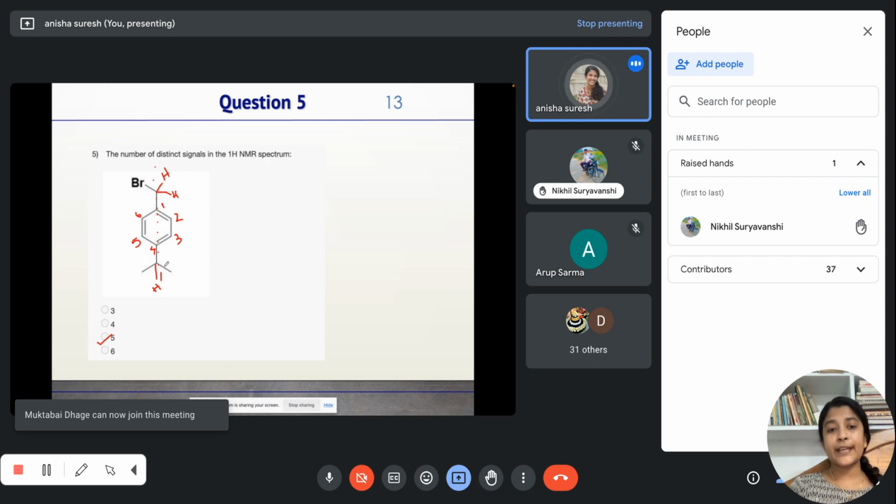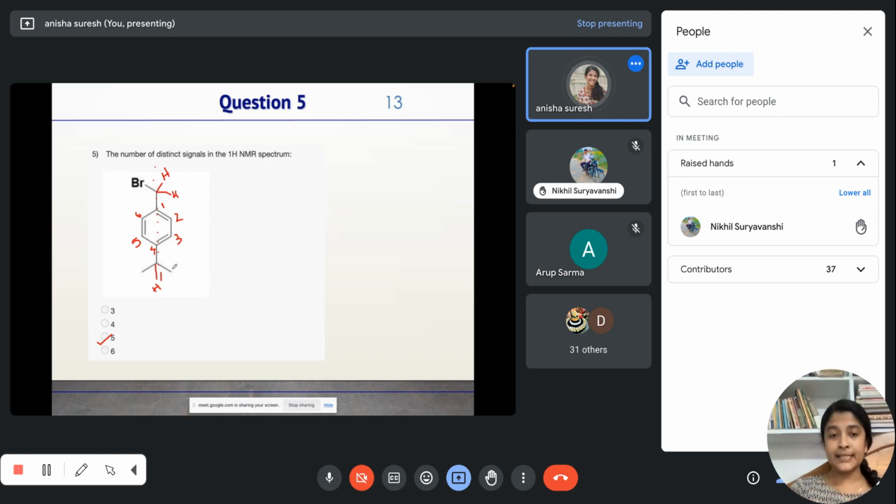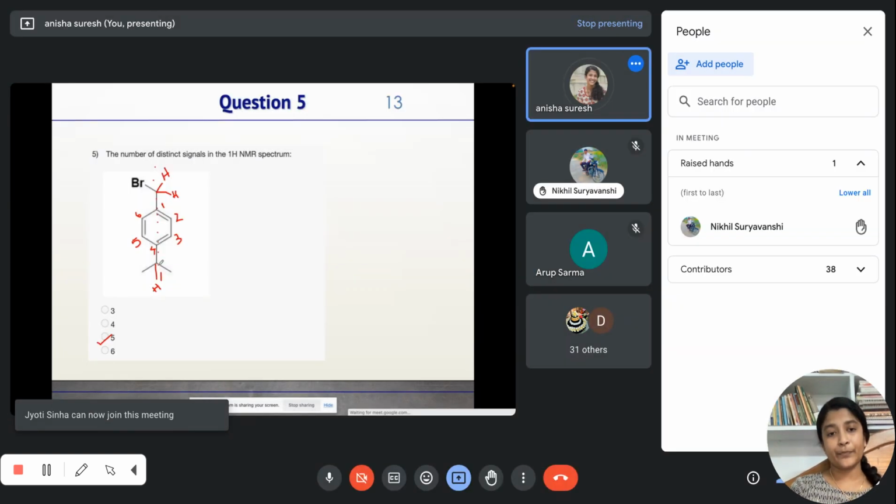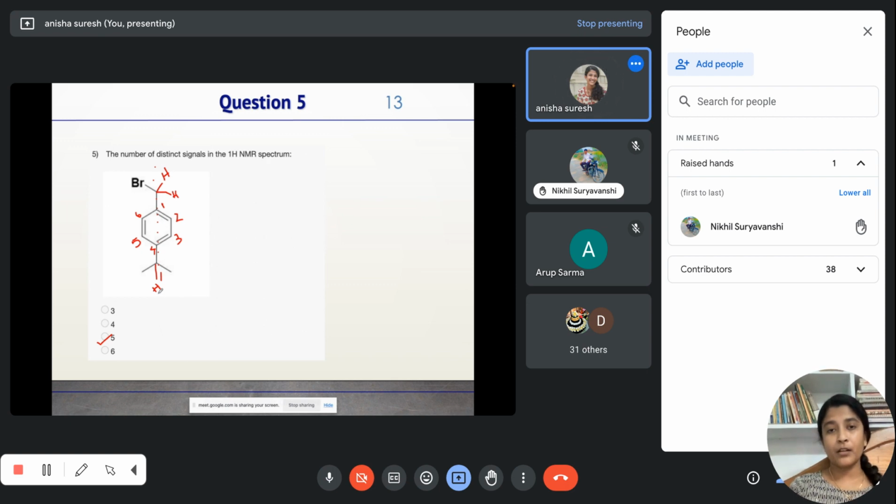Then these two CH3s are identical and will give a distinct signal of integration 6. And finally this proton over here will be giving one signal. So in total there will be 5 distinct signals in the proton NMR spectrum. Is this question clear to everyone?